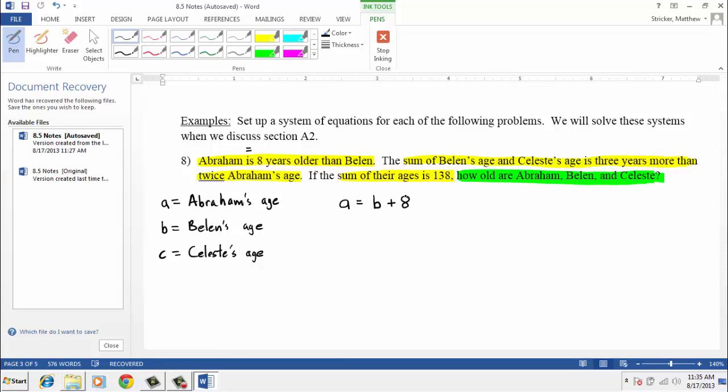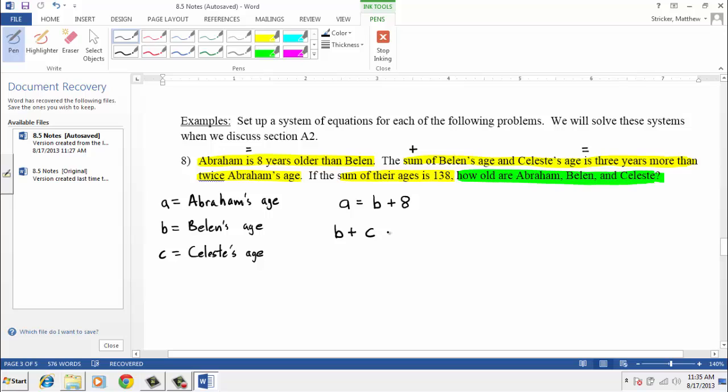Okay, let's look at the second part highlighted in yellow. It says the sum of Belen's age and Celeste's age. The sum, that means addition. Belen's age plus Celeste's age is, there's that word "is" again, that means equals.